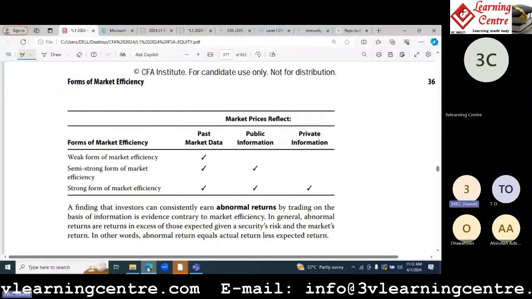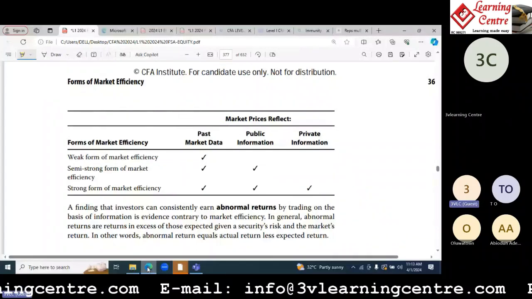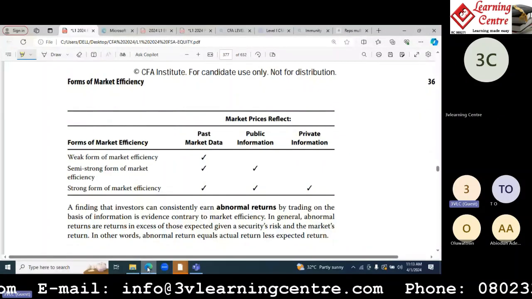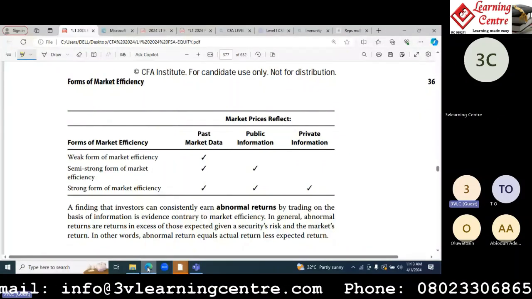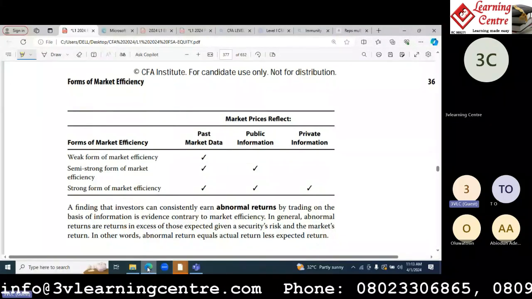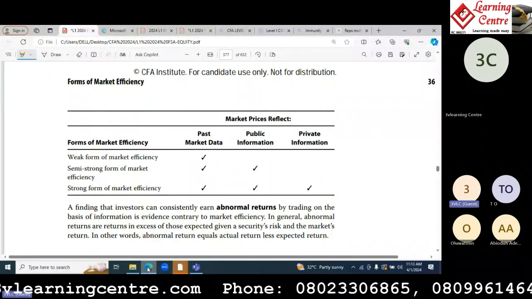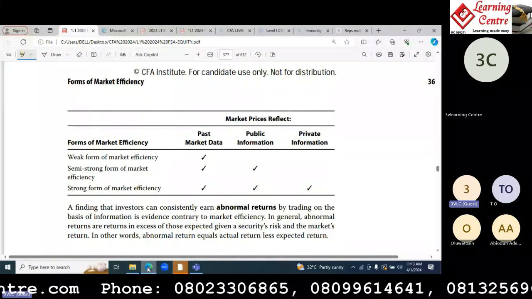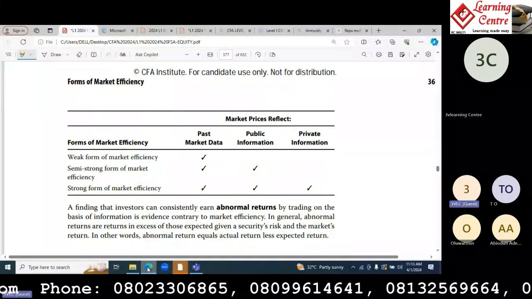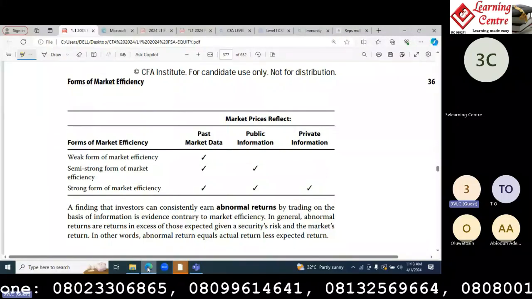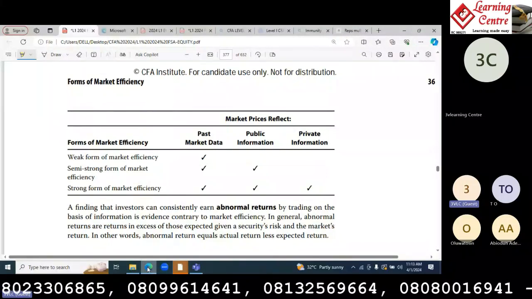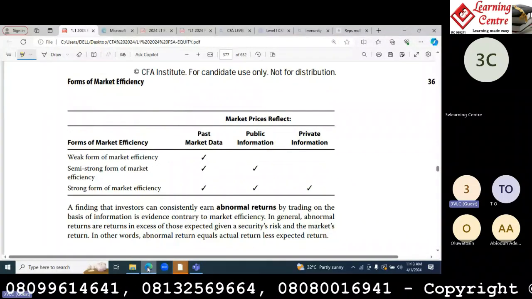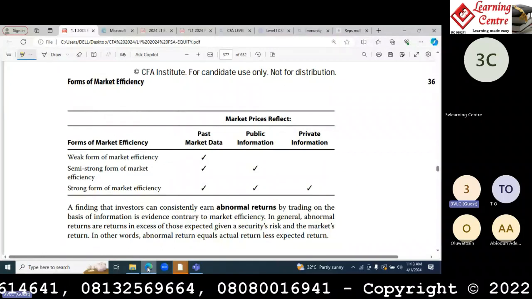And because public information is already reflected in semi-strong form, making use of fundamental analysis also, if the market is semi-strong, is a waste of time. So if you identify a market to be semi-strong efficient, then there's no need to make use of technical analysis and fundamental analysis, because the market has already reflected past data and public information.